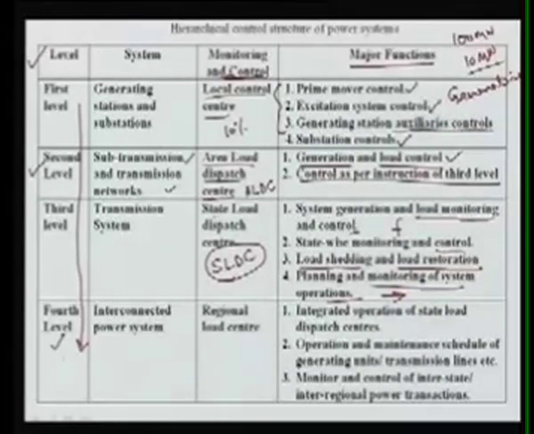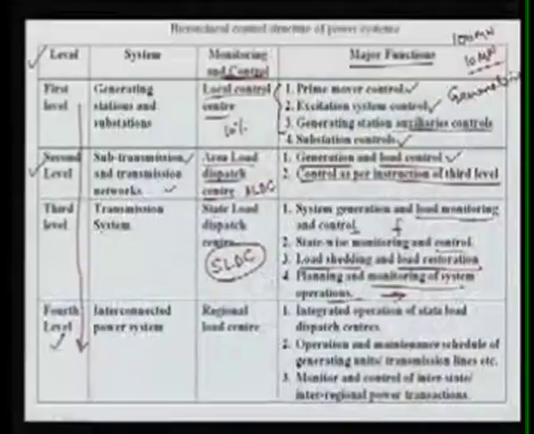Now let us come to the fourth level. The fourth level is basically the interconnected power system. As we know, we have various regions, and we are living in the Northern Regional Electricity Board region, NREB as we normally call it. In that, several states like UP, Uttaranchal, Haryana, Punjab, Chandigarh, Himachal Pradesh, and Jammu and Kashmir are interconnected.